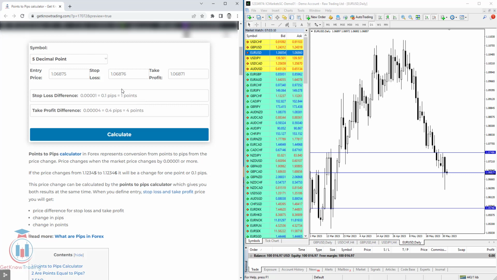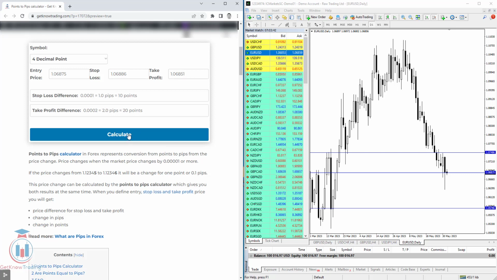So the second thing that you can try is to change the decimal point. For example, if the price doesn't have 5 decimal points but it has 4 decimal points, and when you click calculate, you will get the price difference is equal to 0 because the last decimal point doesn't count. But if you change this one here to, for example, 6875. We'll put 6 here, and we will put here 6851.